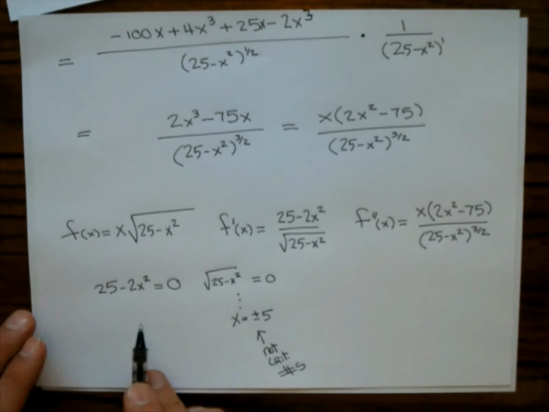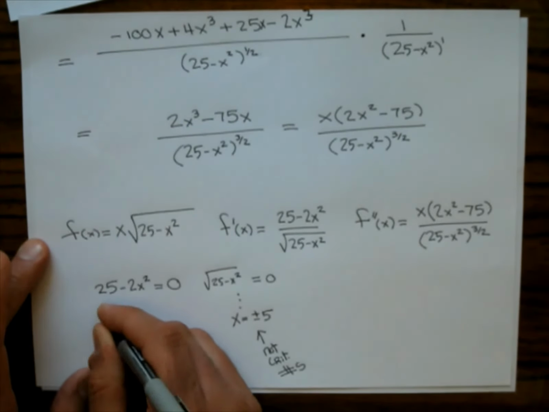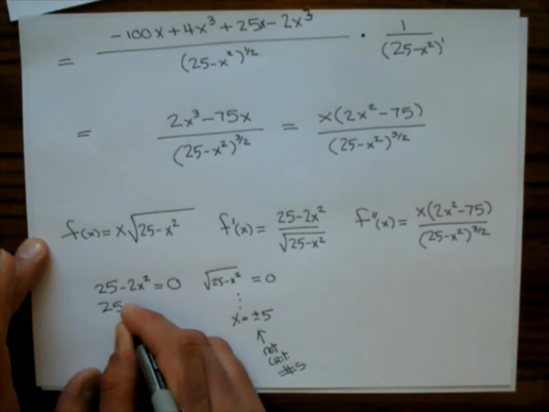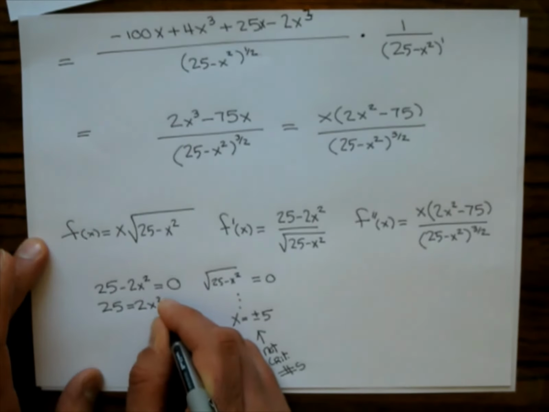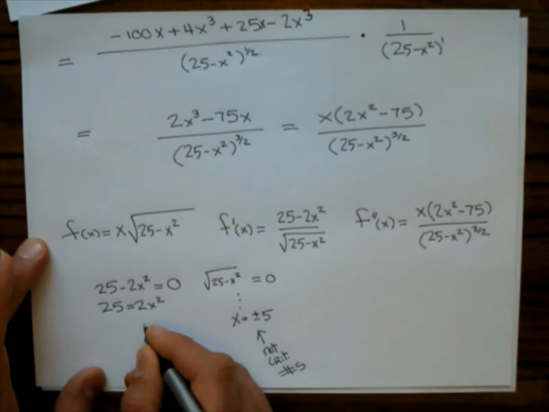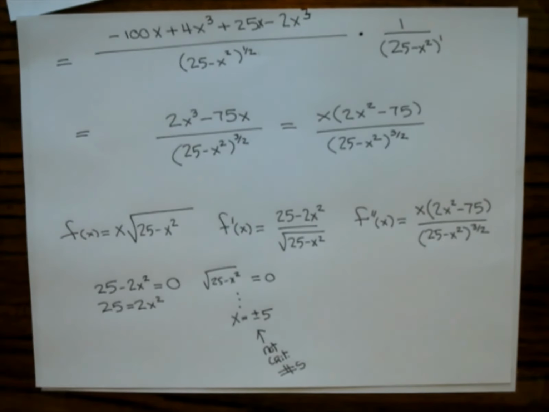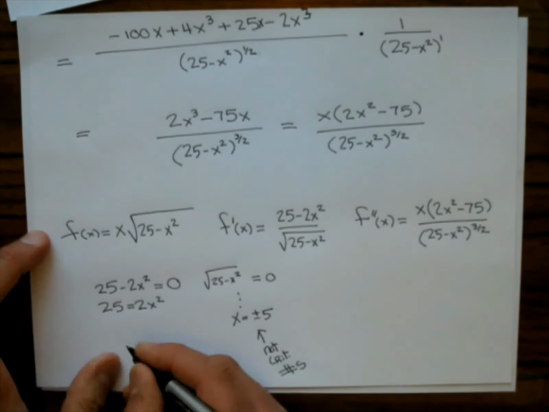The one that we're interested in is this right here. So 25 equals 2x squared. X squared equals 25 over 2. 25 over 2 happens to be, what is it? This is 12.5. So let's just write that.